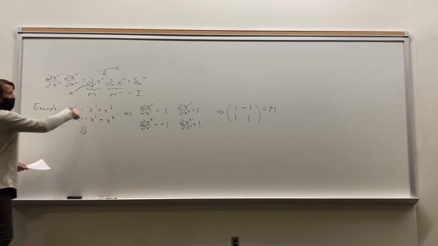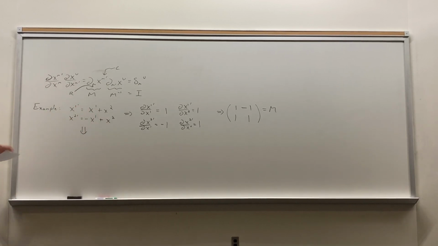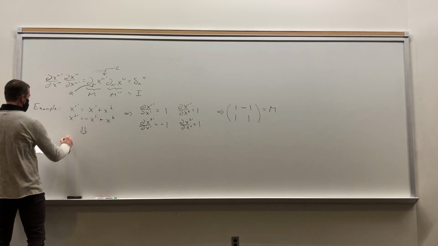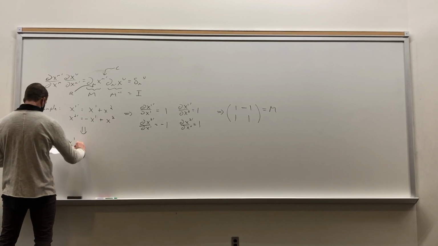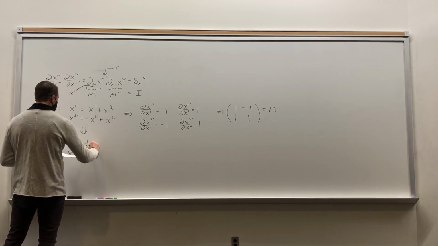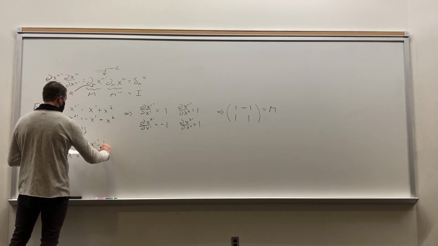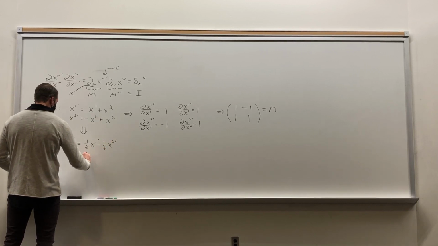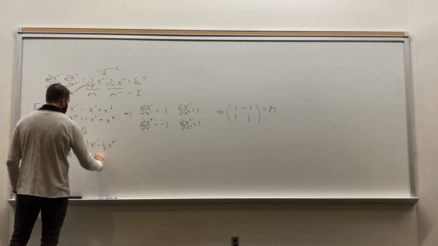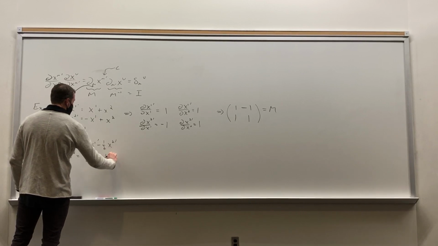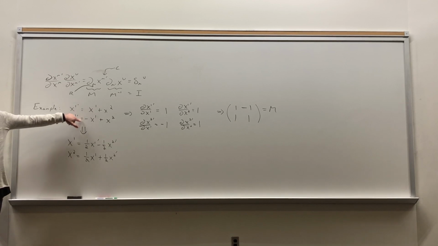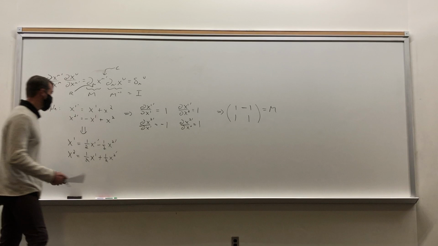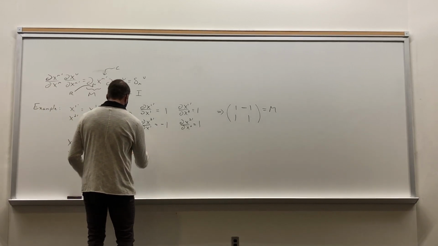Alternatively, we can take this and invert it to find what x1 and x2 would be in terms of the new coordinates. So if we did that, we would get 1/2 x1 prime minus 1/2 x2 prime, and 1/2 x1 prime plus 1/2 x2 prime, okay? It's literally just solving this set of equations for x1 and x2, which I know you could all do in about 45 seconds, okay?